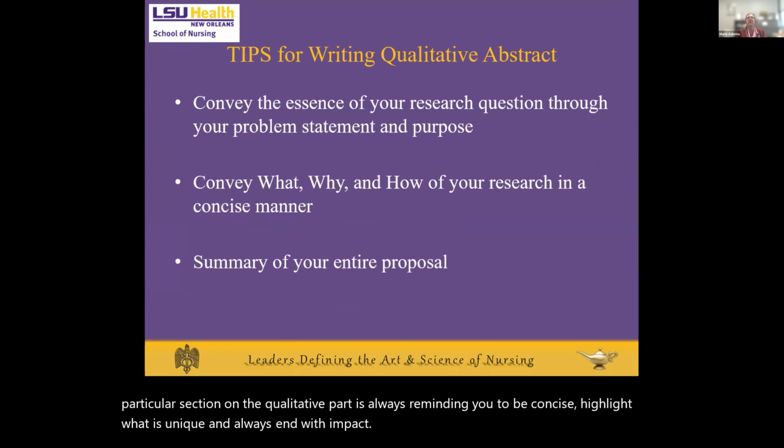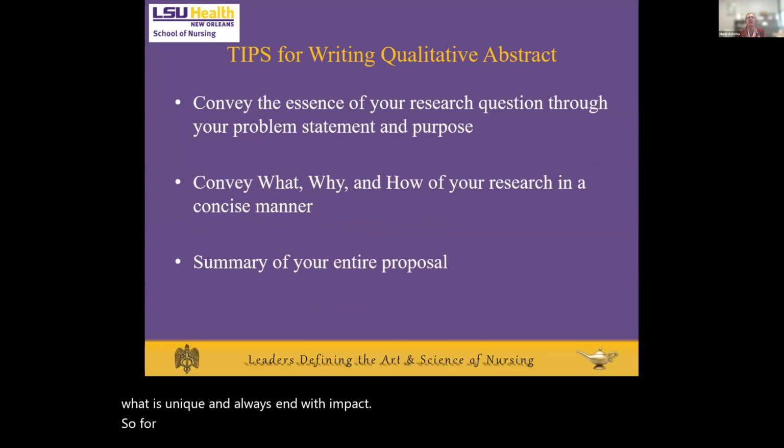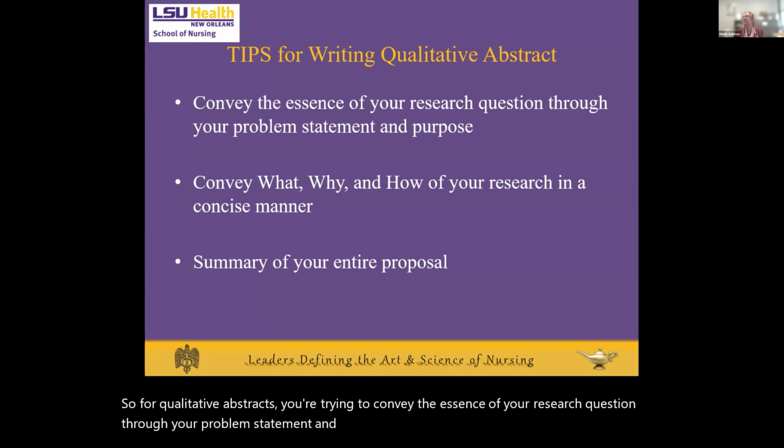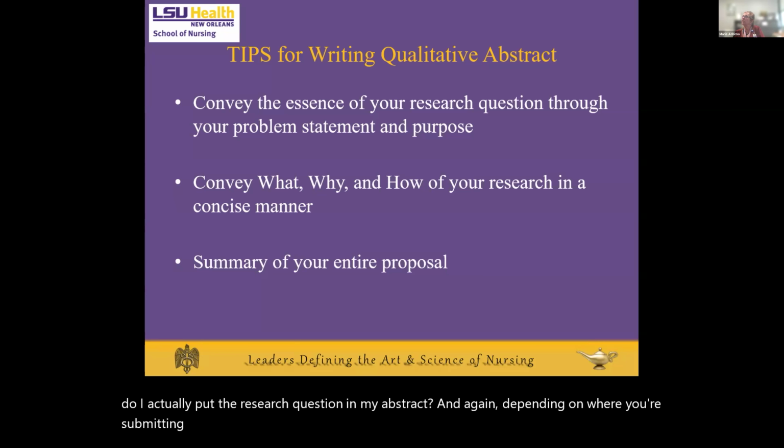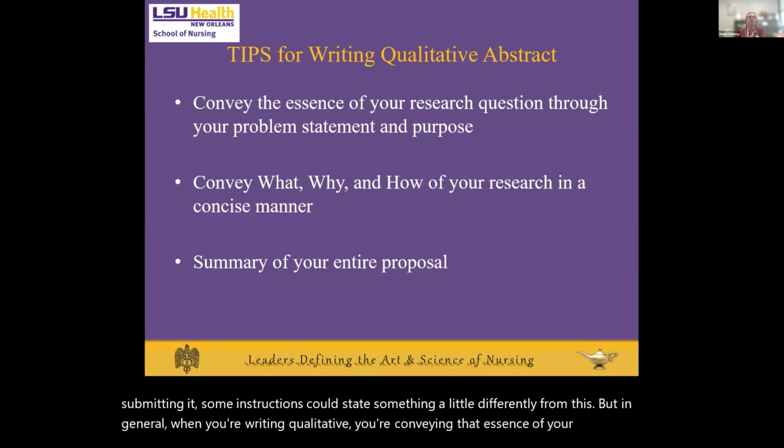For qualitative abstracts, you're trying to convey the essence of your research question through your problem statement and purpose. Some people have asked, do I actually put the research question in my abstract? Depending on where you're submitting it, some instructions could state something a little differently, but in general, when you're writing qualitative, you're conveying the essence of your research question through your problem statement and purpose.